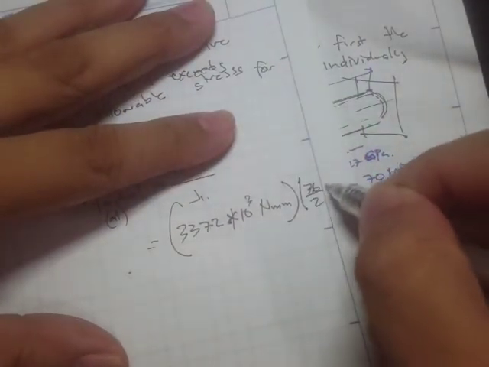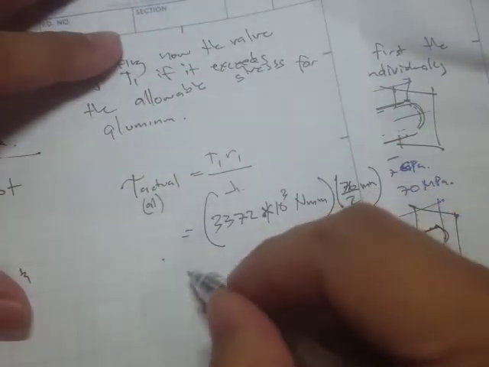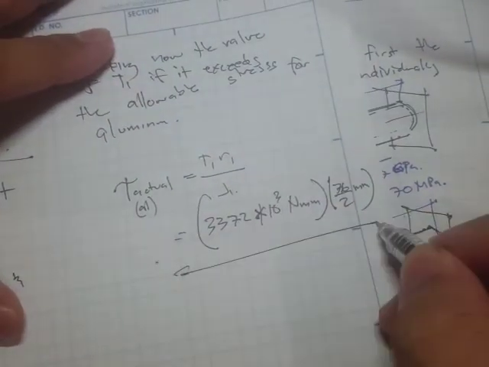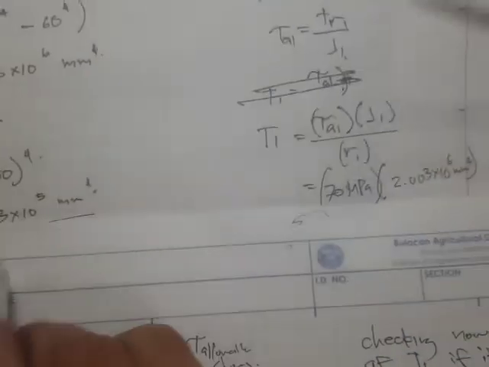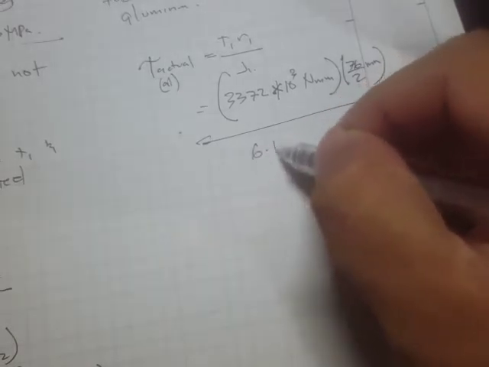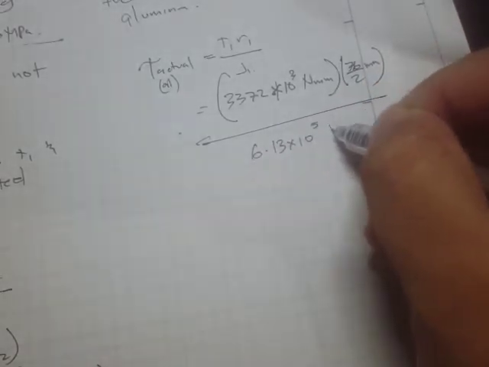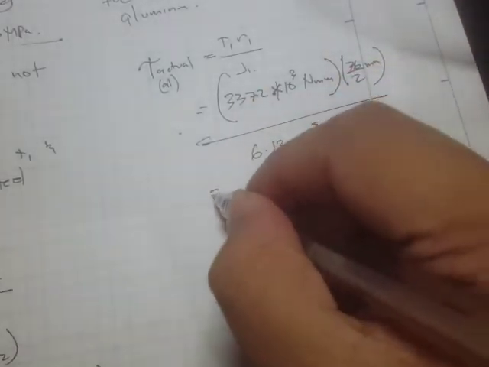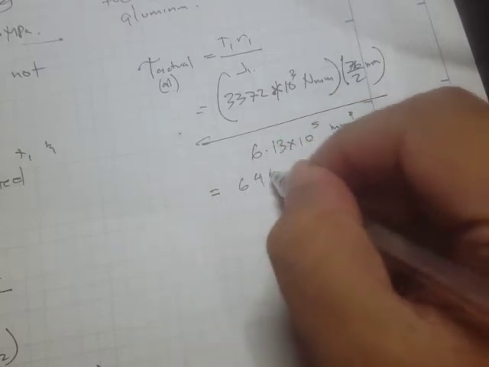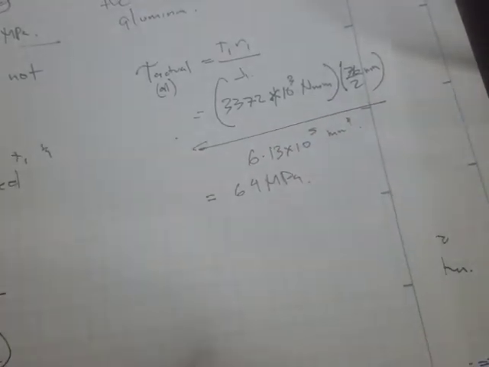What's the radius of aluminum? This is 76 divided by 2, in mm, divided by the polar moment of inertia, which is 6.13 times 10 to the 5 mm to the 4th, and we get a value of 64 megapascals.